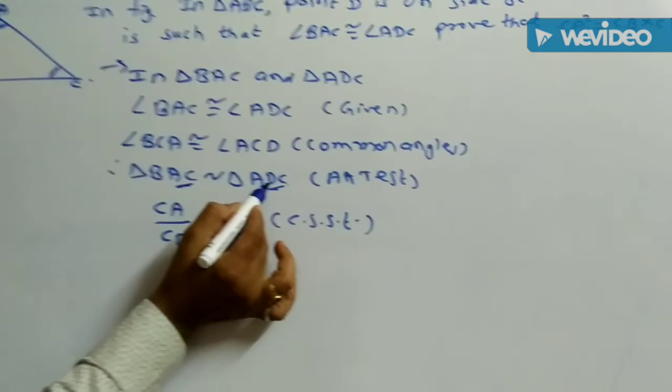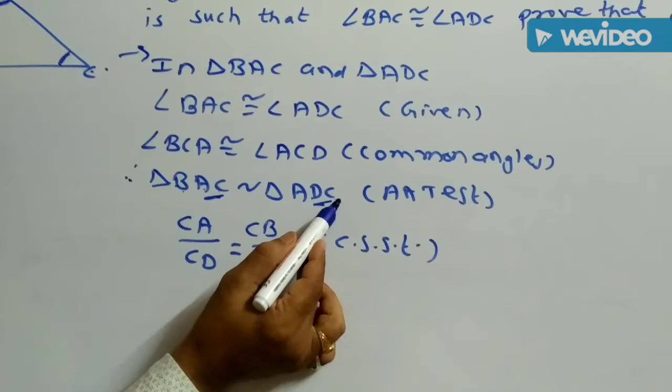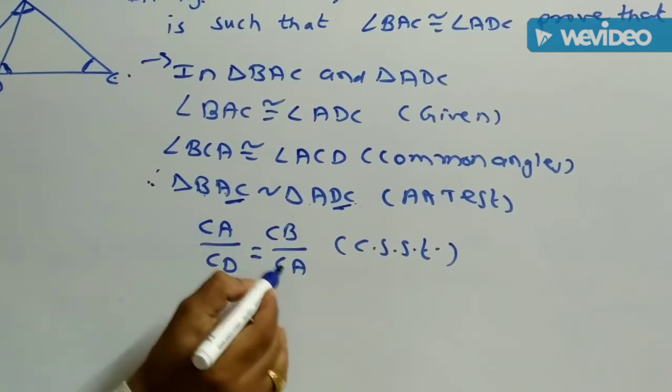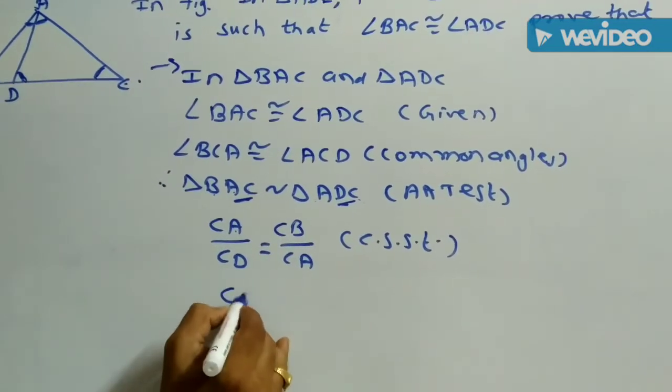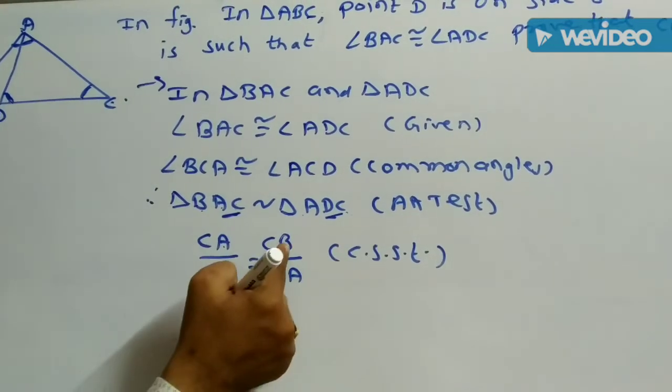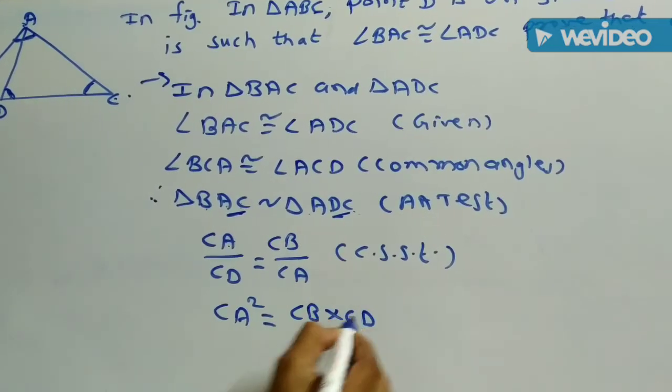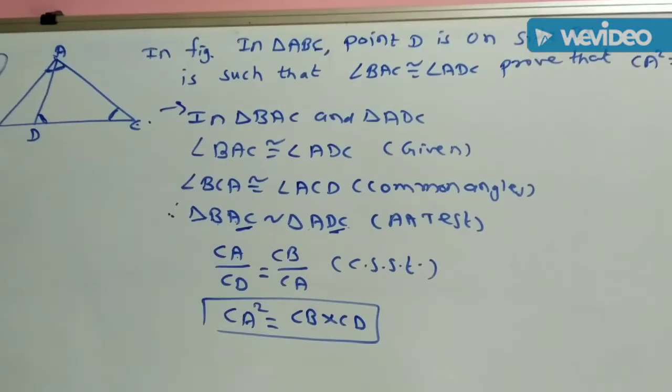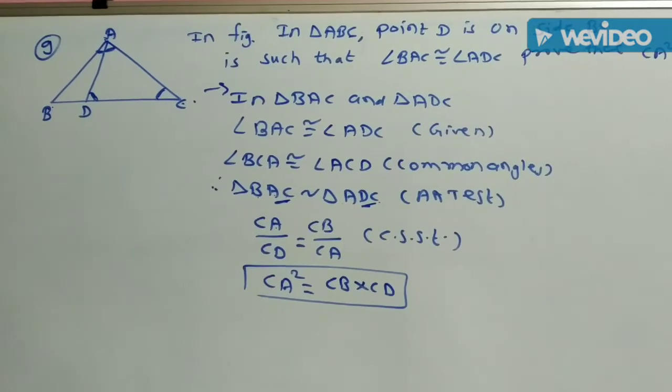Now by taking cross multiplication, CA into CA, that is CA square, equals CB into CD, which we have to prove.